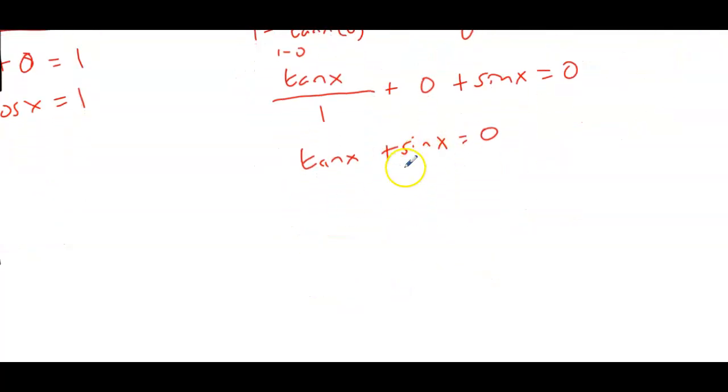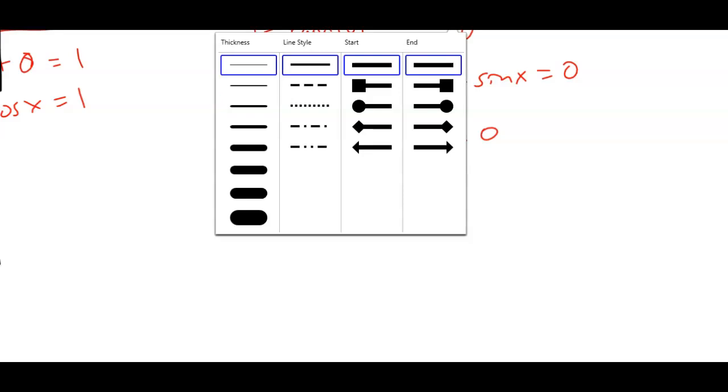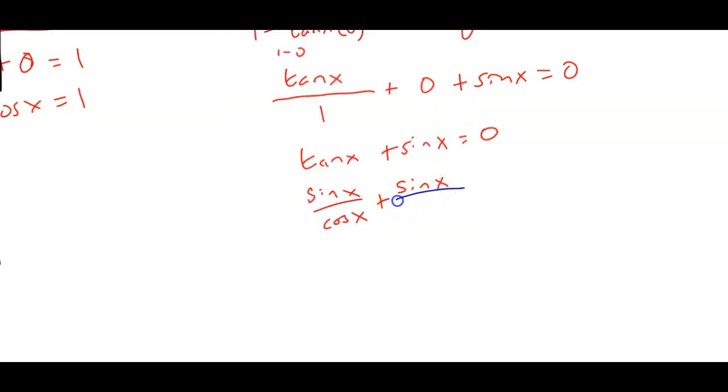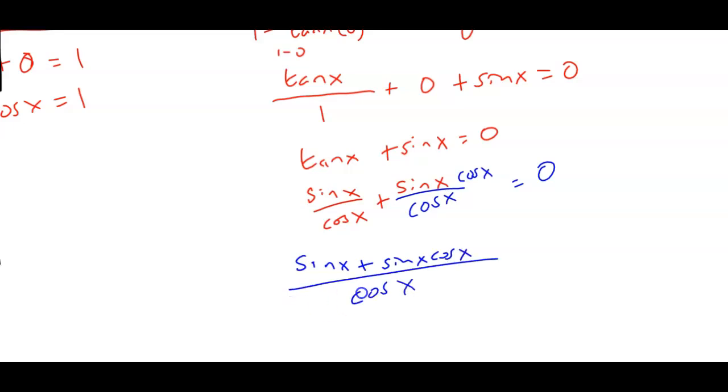Now we just need to finish this. Tangent is sine over cosine. I need common denominators. This goes back to our last test. If I put cosine down here, I must put cosine up here. So this gives me at the top sine of x plus sine x cosine x all over cosine x equals 0.